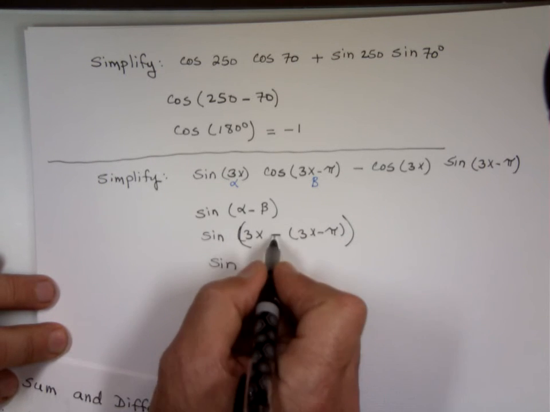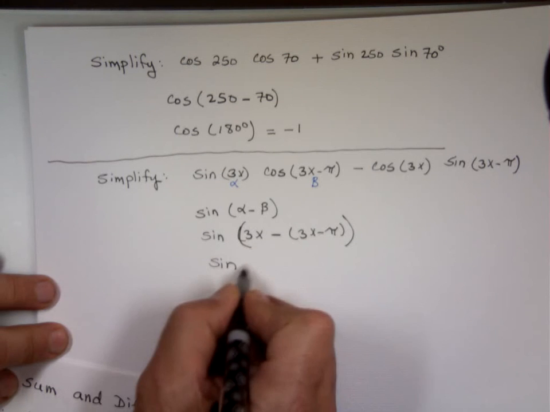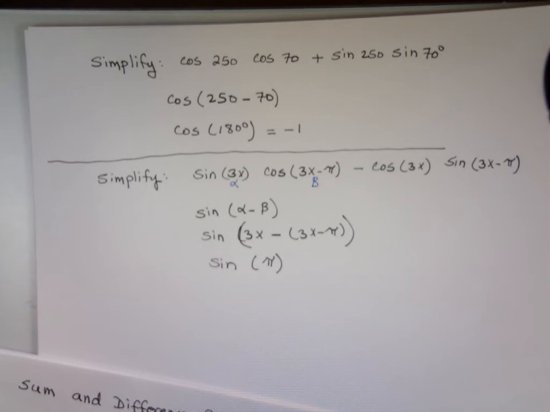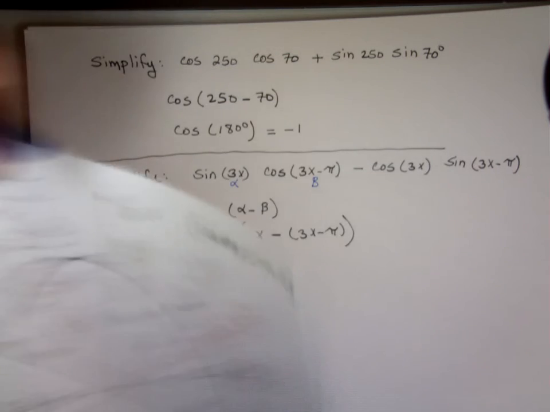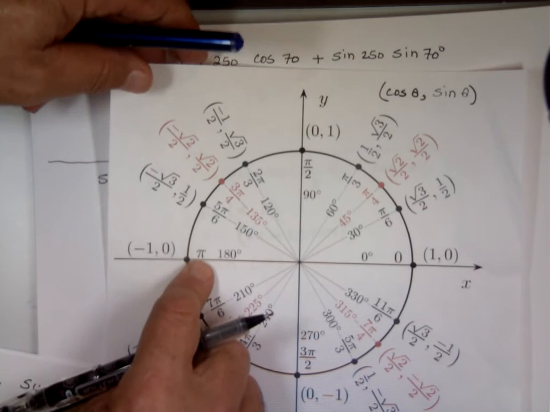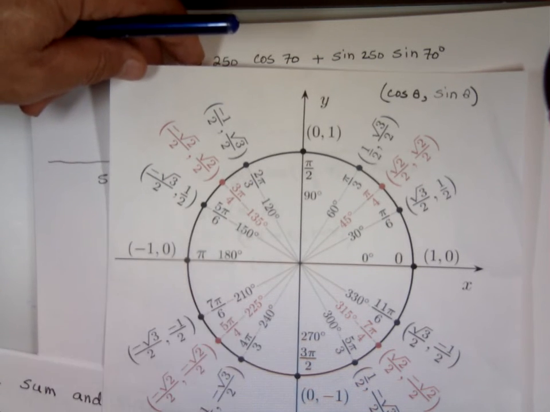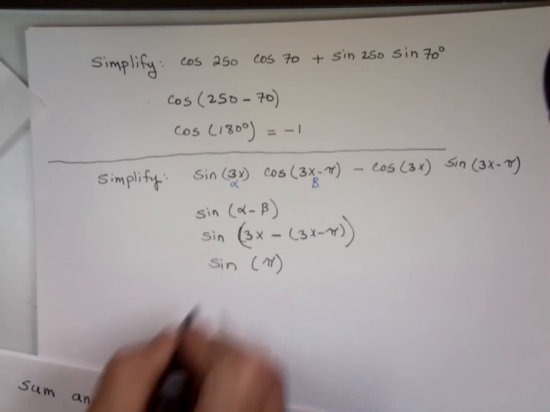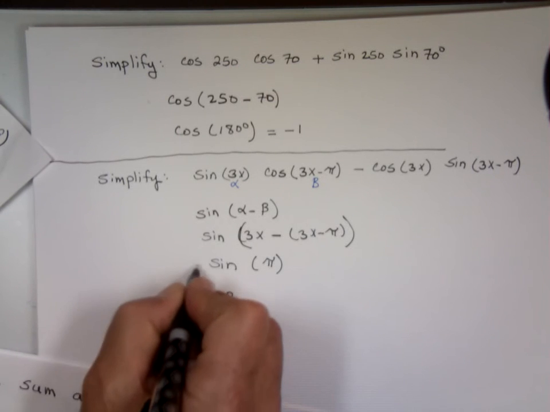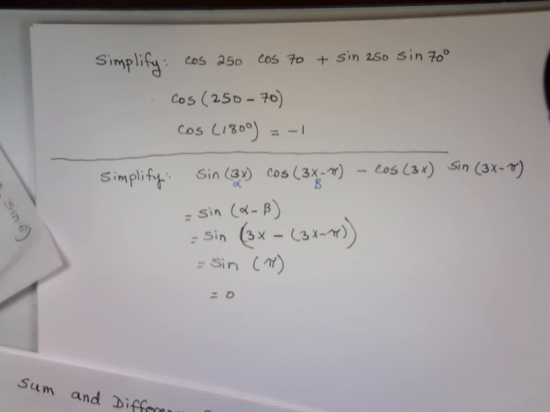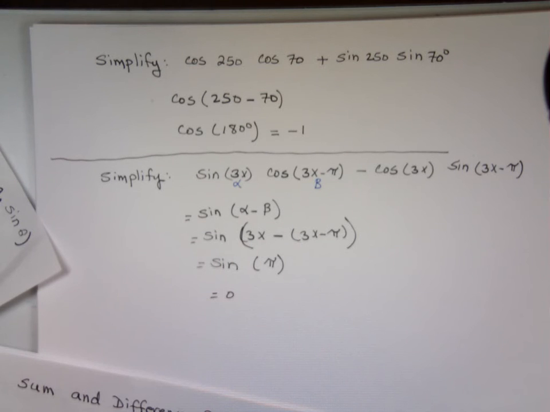Minus negative pi becomes positive pi. Here's my unit circle again. What is sine pi? Is it 0? So we took this, worked it backwards, simplified it, and our answer is 0.